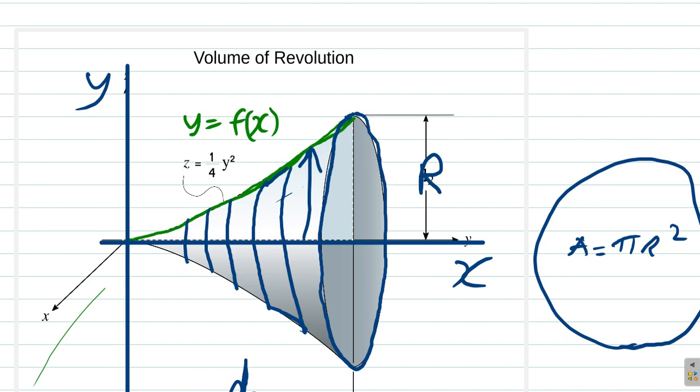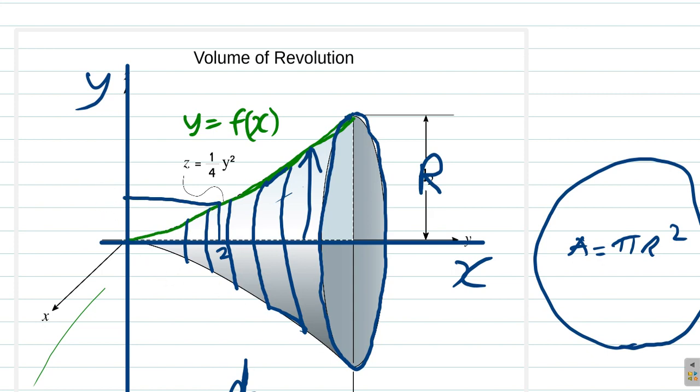So, for example, if this was 1 and it was y equal x squared, this would be 1 squared, which is 1. If this was 2 and we find 2 squared, you go up, it will be 4. Alright, and so on and so forth. So, the radius here, when we have 2 for x, you go up to 4, the radius will be 4.